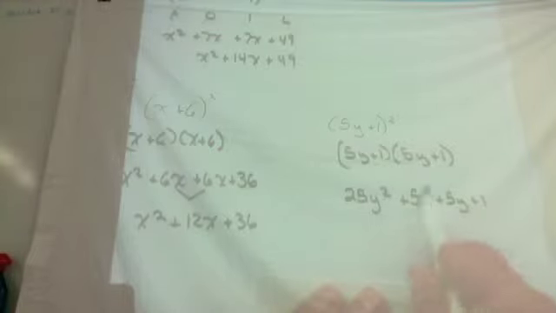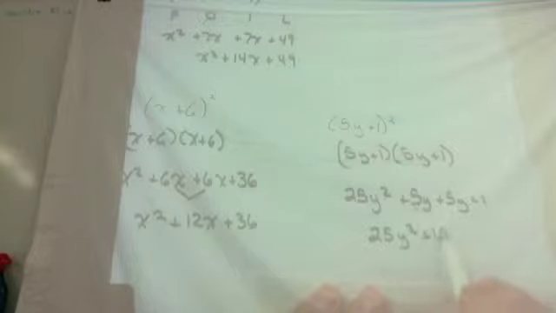So when I group like terms, my inner terms are like terms, I'm going to get 25y squared plus 10y plus 1.